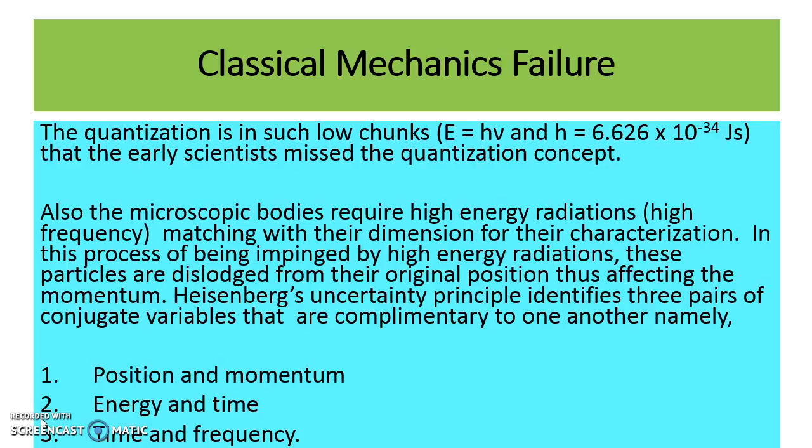They are position and momentum, energy and time, time and frequency. If we attempt to measure position with 100% accuracy, then it would result in infinite uncertainty in its conjugate variable, namely momentum. The same could be said in the case of the other two sets of conjugate variables.